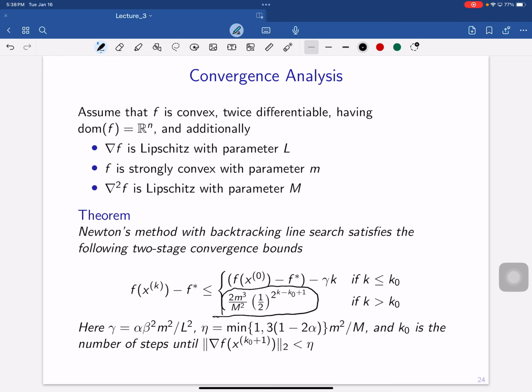As you can see here, it is like a double exponential term. It is 1/2 raised to the power of 2 raised to the power of the number of iterations. And for gradient descent, remember, compare with gradient descent, it is in the order of 1/k.